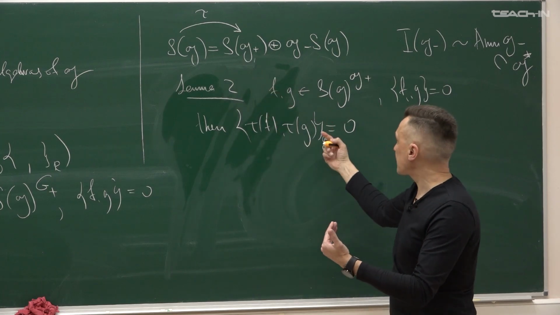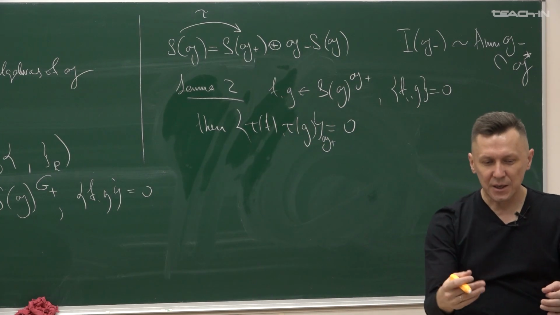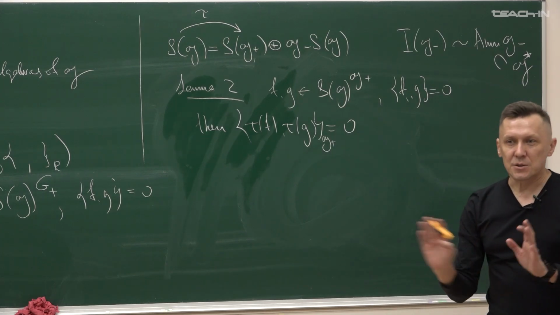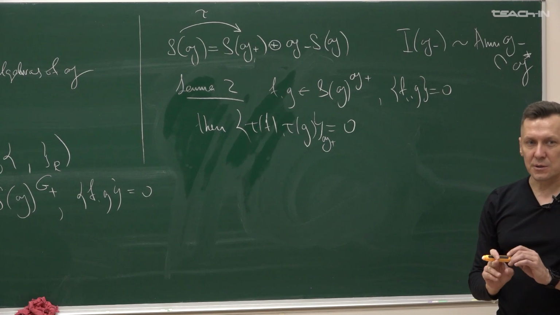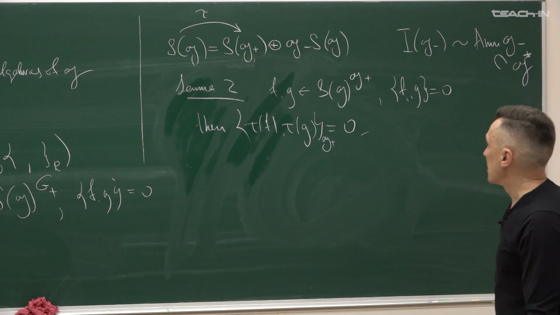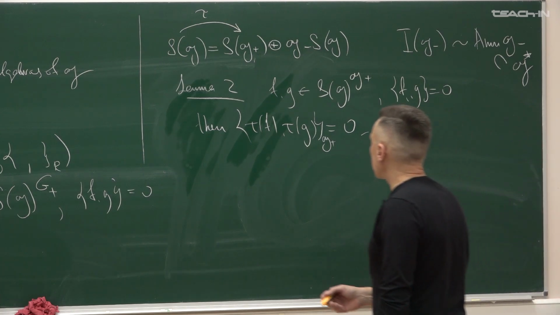It's the same thing, because you consider functions with monomials only in g plus, so both Poisson structures coincide. Okay, there is such a statement, and let me prove it.